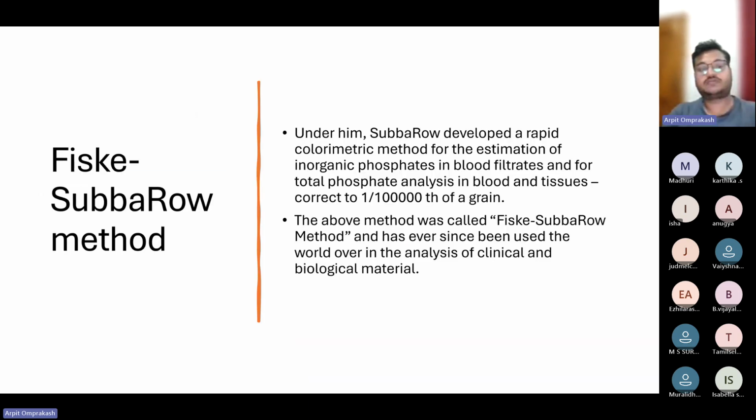There, in Fiske's lab, they developed the Fiske-Subbarao method, which was a rapid colorimetric method for the estimation of phosphate in blood filtrates and total phosphate analysis in blood and tissues. This method has ever since been used the world over in the analysis of clinical and biological material.